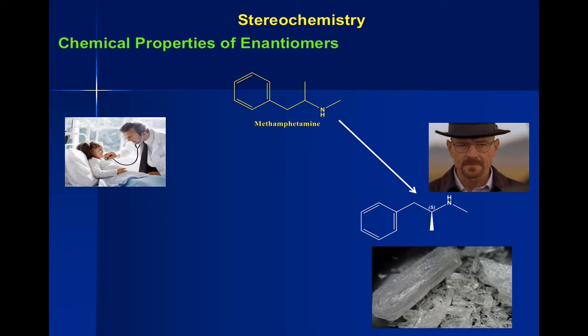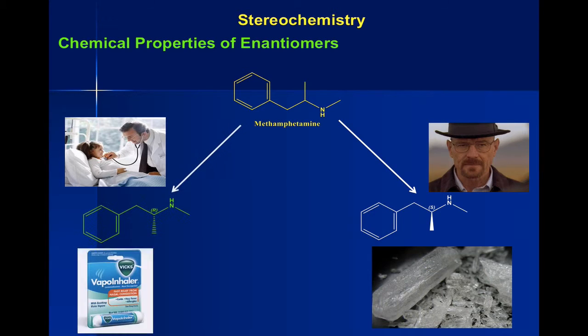It's the S-methamphetamine that is responsible for the high and all the stuff that comes along with methamphetamine. Street methamphetamine, however, is racemic. So somebody that's out buying it on the street, they buy a gram, only 500 milligrams of it's actually going to be responsible for the illicit effect.